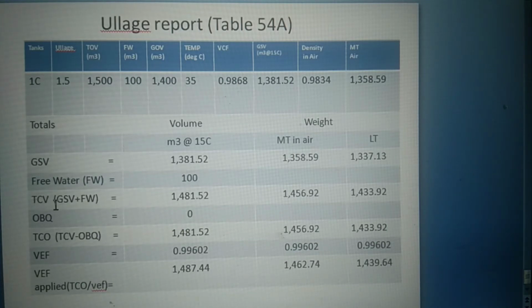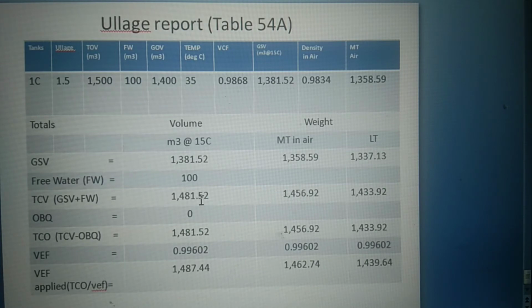So TCV is equal to GSV plus free water. Okay, so GSV 1381.52 plus 100 cubic meter of free water, TCV is equal to 1481.52. Okay, 1481.52.